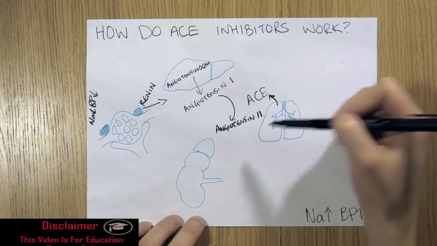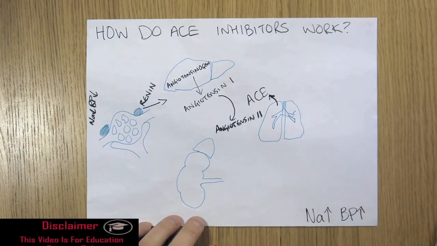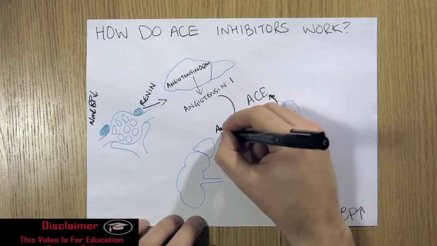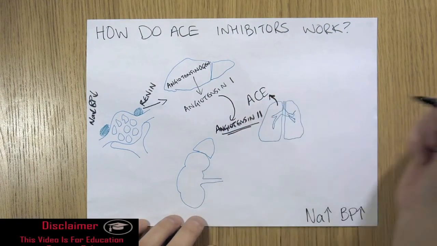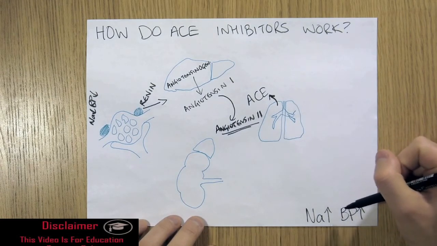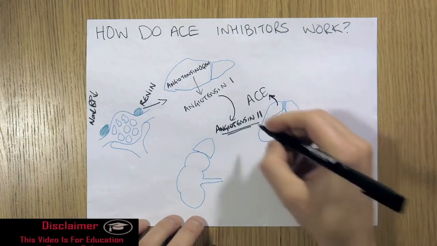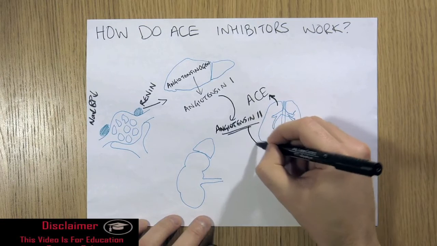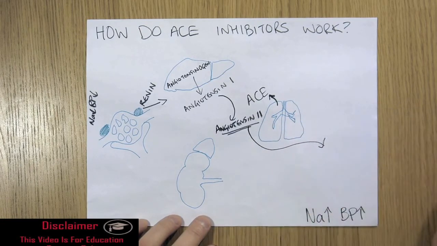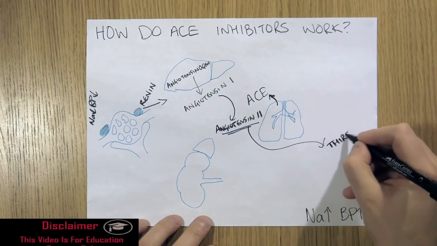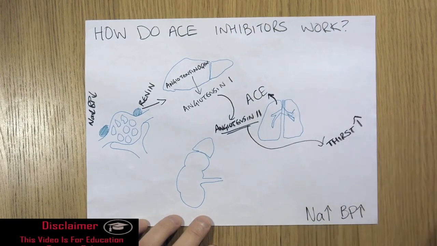Now the angiotensin II is important for a number of reasons. It actually does something. So this is the key part. Now it does a few things, but all of them essentially amount to an increase in blood pressure. So the way it does this is it acts directly, firstly, on the thirst center. So it increases thirst.